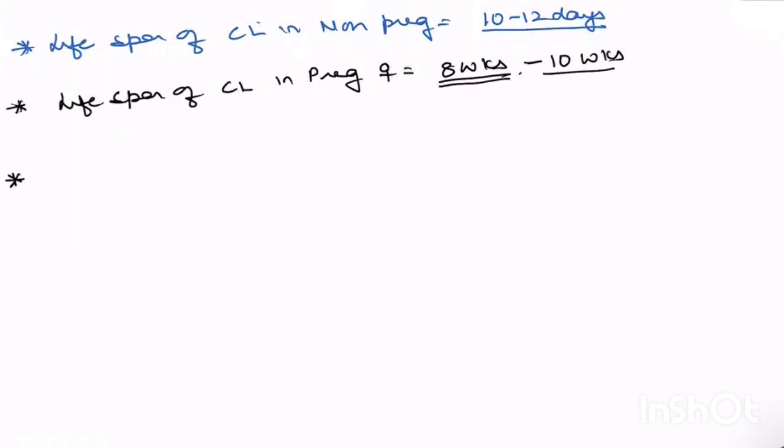And later on, placenta will form progesterone. So throughout pregnancy, the levels of progesterone are high. And because throughout 9 months the levels of progesterone are high, that is why they keep on supporting the endometrium, and that is why menstruation doesn't happen.